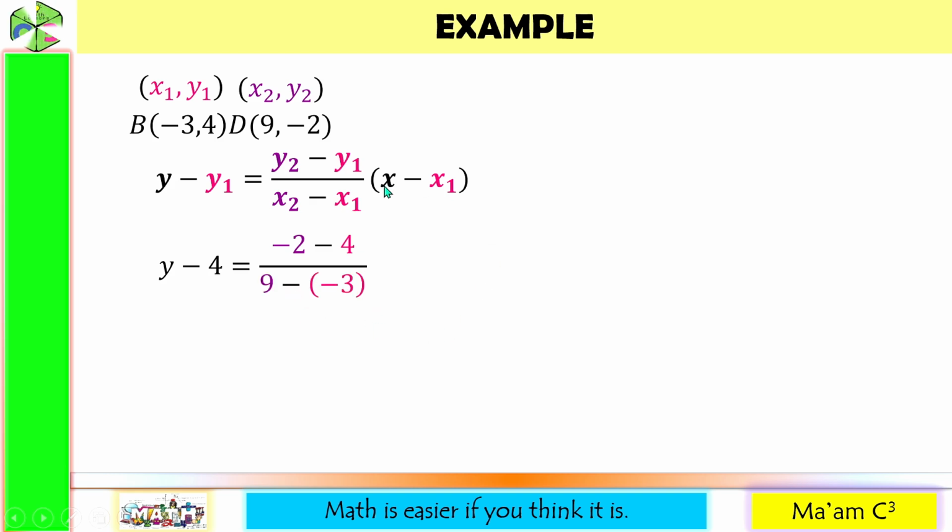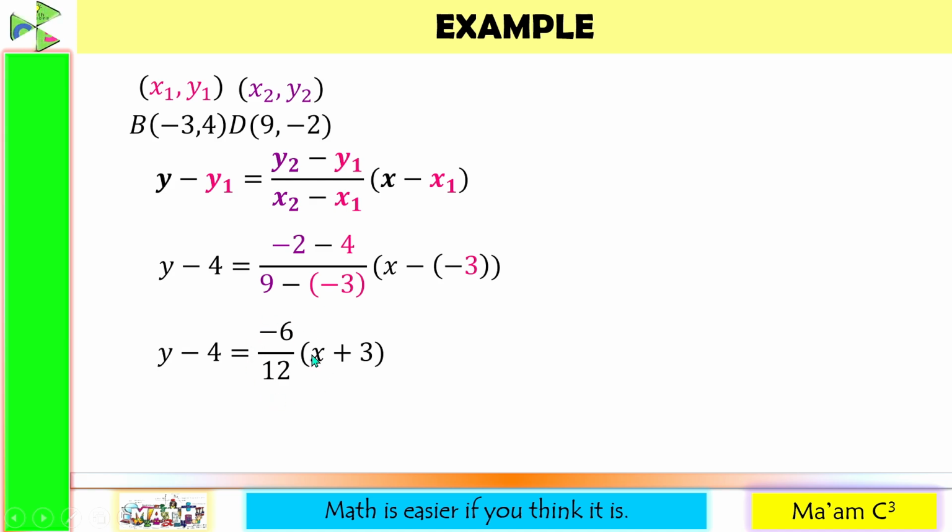Then we have here x minus x sub 1. Our x sub 1 is negative 3, so it will become x minus negative 3. Let us simplify this. Negative 2 minus 4 is negative 6, while 9 minus negative 3 will become positive 12. This one, negative negative, is positive.